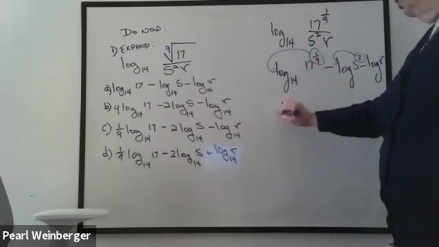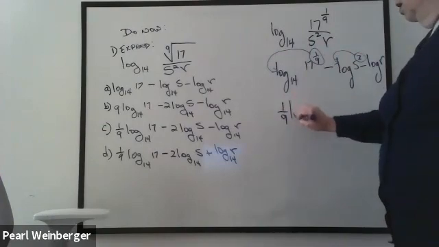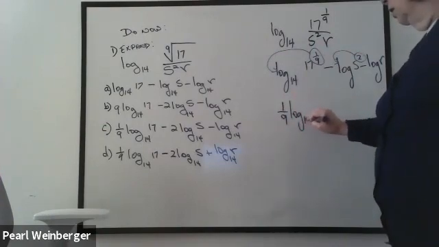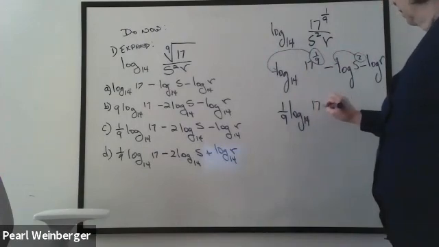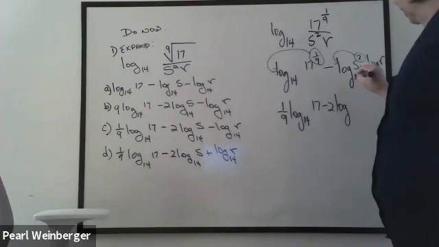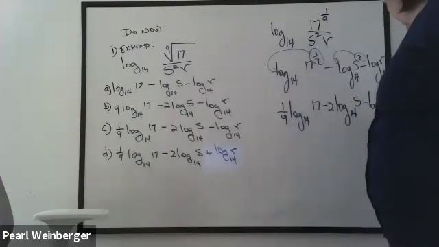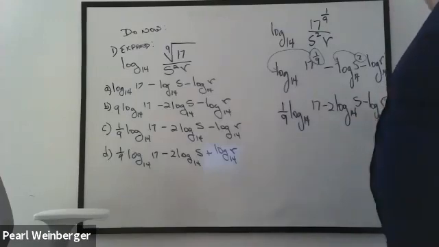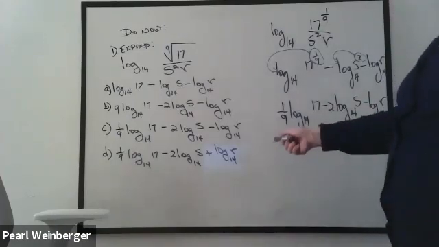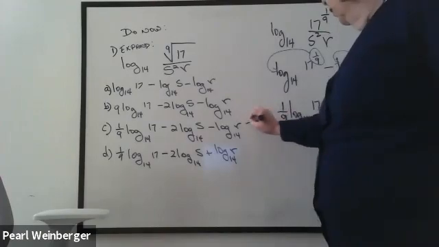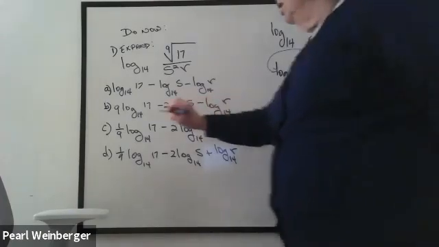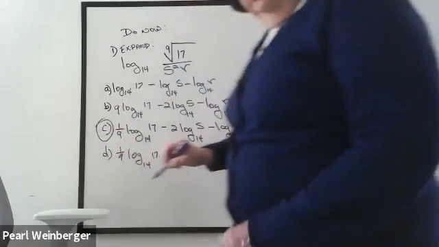So this becomes 1/9 log base 14 of 17 minus 2 log base, oh, I'm sorry, I didn't put in the 14s. Log base 14 of s minus log base 14 of r. And if I compare it to the choices over here, it was this one right over here. So the correct answer on this one was choice C.